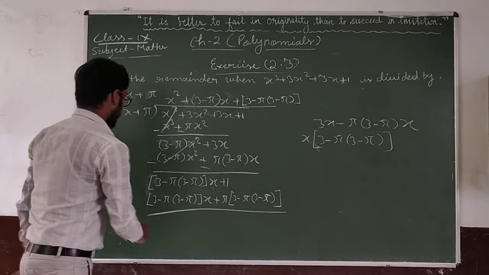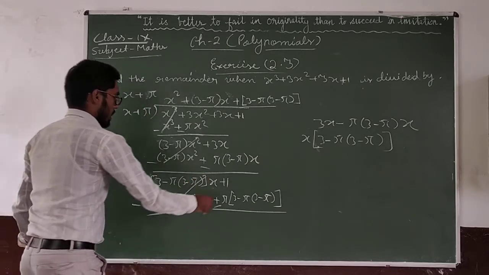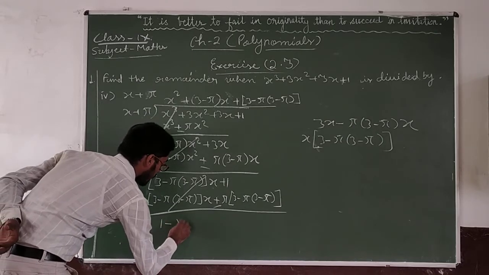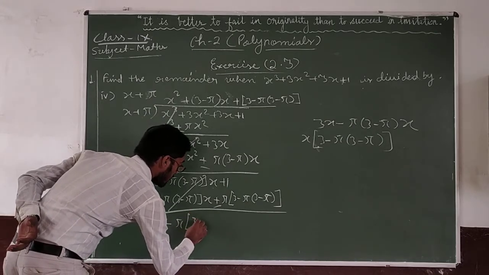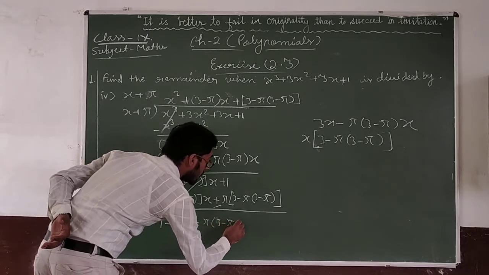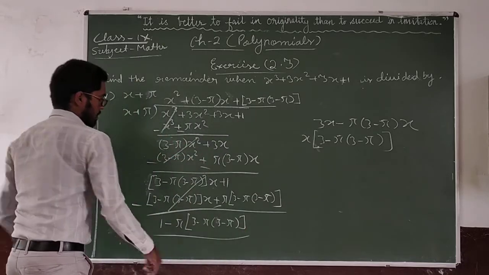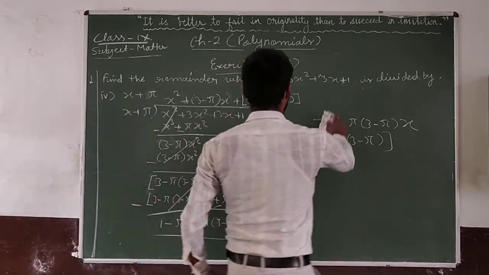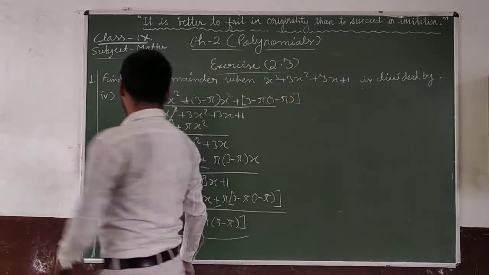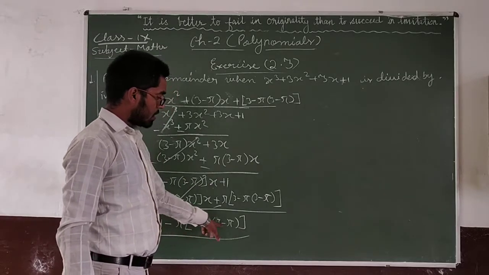Now subtract it. This term will be cancelled. Here you will get 1 minus 5(3 minus 5). Now open the brackets, because this is the remainder. Here the remainder is 1 minus 5 in bracket 3 minus 5.